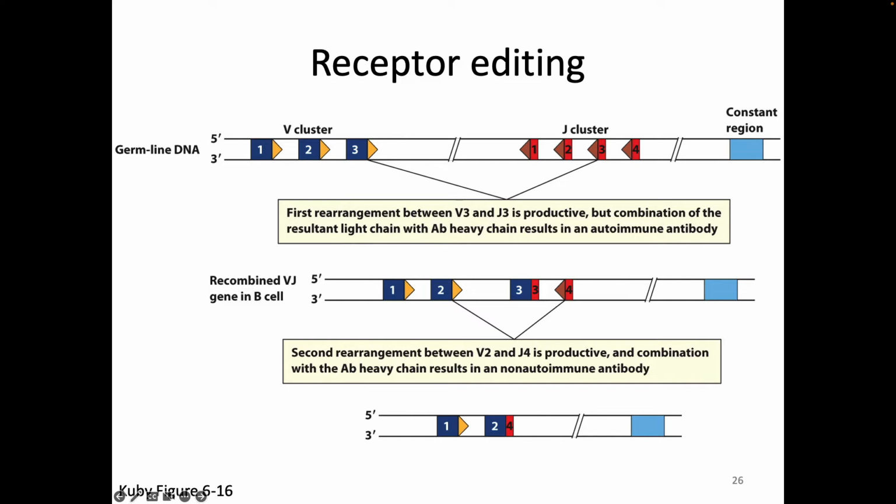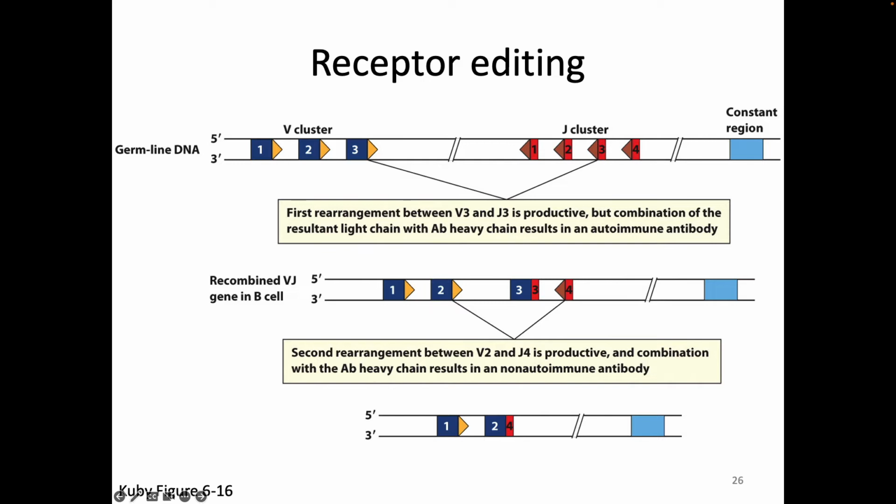We get a signal in the bone marrow that we are autoreactive. And so this cell could undergo receptor editing. Because of the setup of the mini genes in the light chain, and because we left V1 and V2 and J4, we can just redo the rearrangement and pick ones that are on the outside. So we could pick J4 and V2 and get rid of this autoreactive business and make a new one.